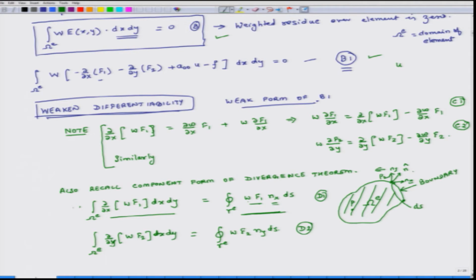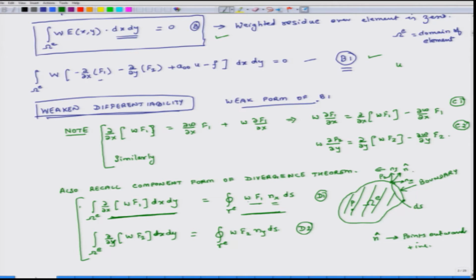So, the divergence theorem says that if I have a surface integral of this form, not of any general form, then I can calculate the value by evaluating w, f1 and nx and integrating the product of these all along the boundary. This is a very important theorem. And one thing I wanted to say is that if this n points outwards, then it is positive. This is the convention. If it is pointing inwards, then it is negative.